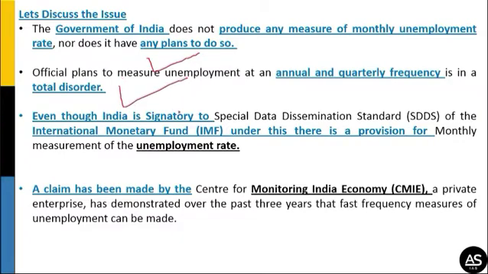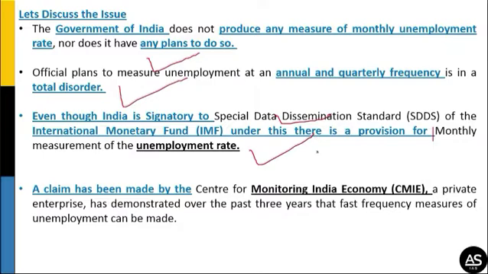India is a signatory to the Special Data Dissemination Standard released by the International Monetary Fund, and under this provision it has to release the monthly unemployment rate, but India, being a signatory, doesn't release any monthly data.